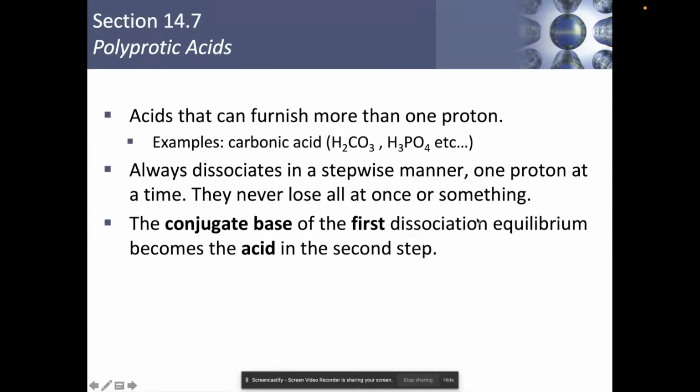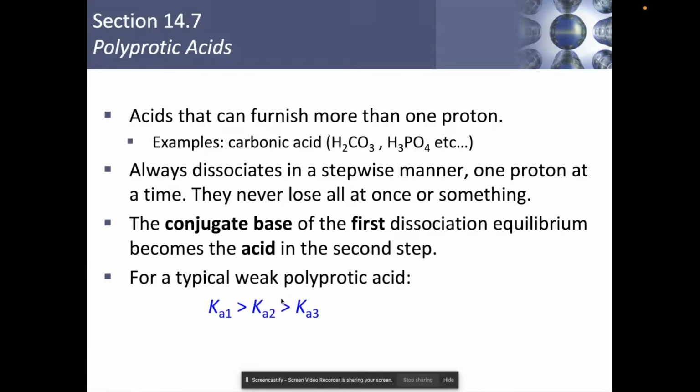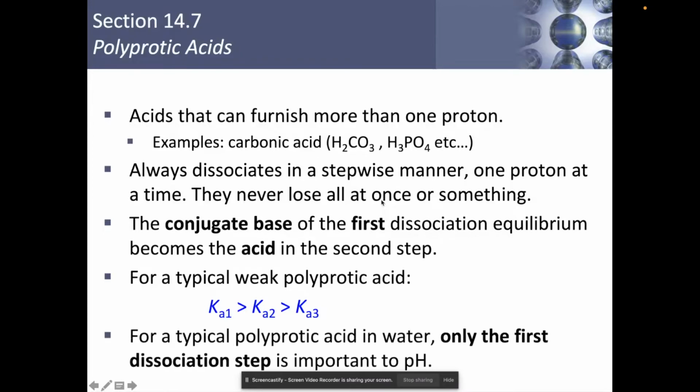Now, for a typically weak polyprotic acid, which is all we're really going to be dealing with, the Ka of the very first step in our acid-base equilibrium is going to be the largest, and then it's going to get smaller and smaller as you continue to remove a hydrogen from each one.